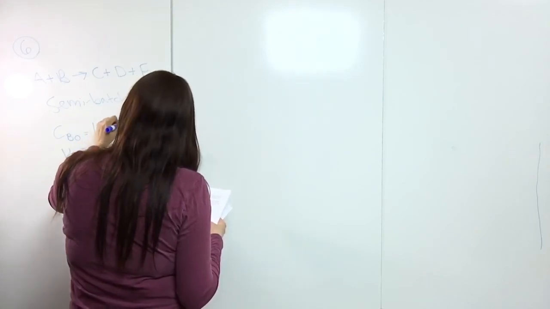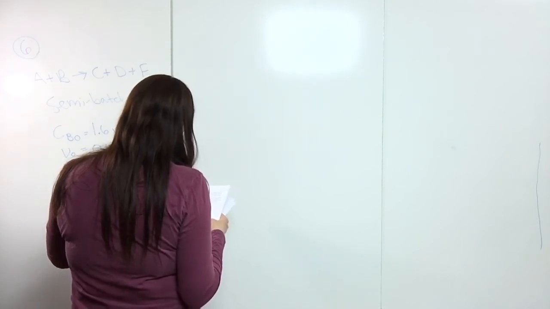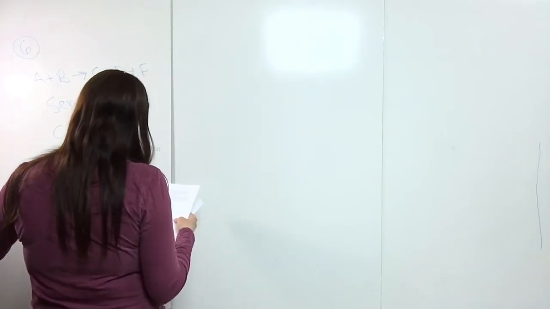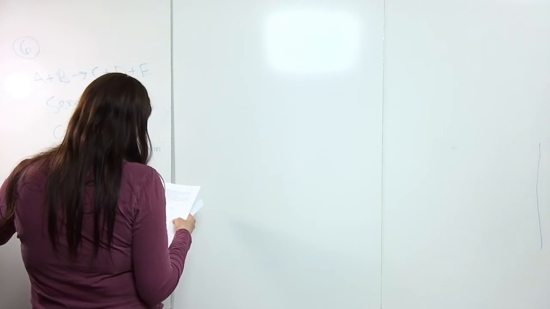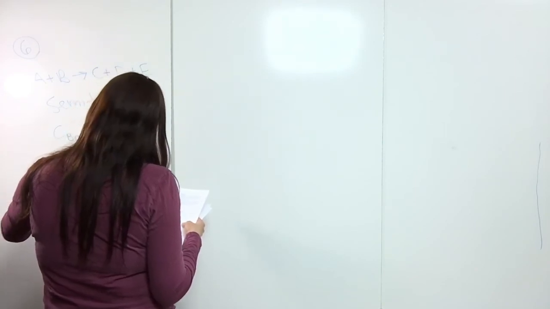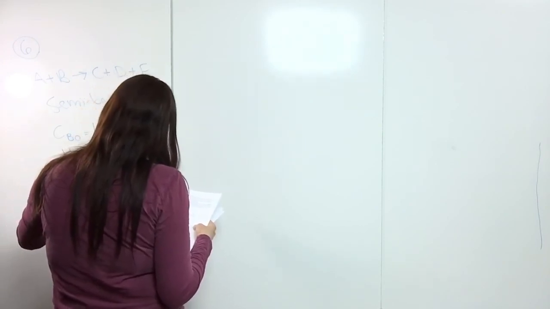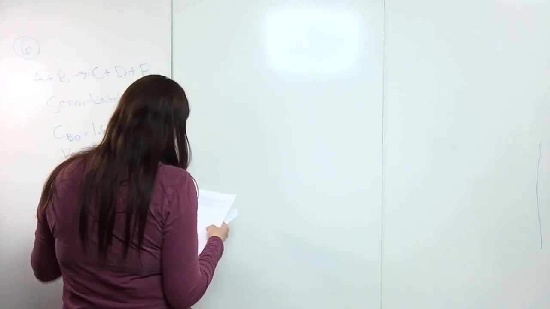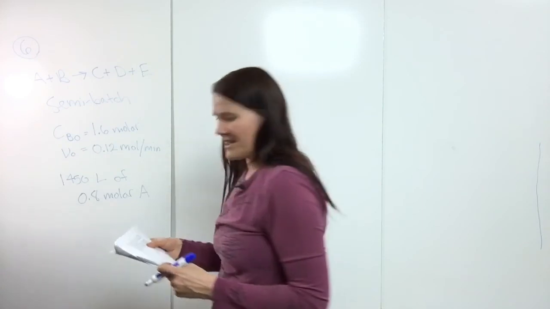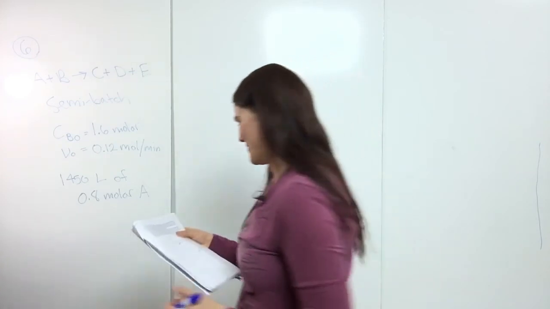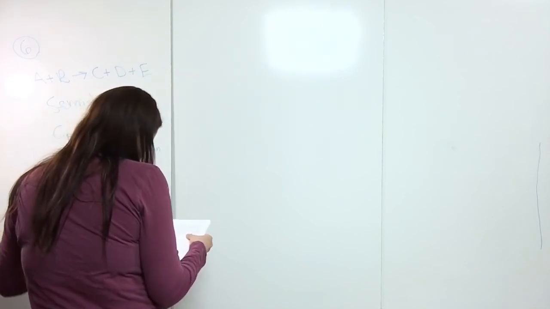And this was molar, so moles per liter. And to a reactor containing 1450 liters of 0.8 molar A. The reaction rate is 5 liters, and I actually said that was the rate constant, not the reaction rate, so K is equal to 5.